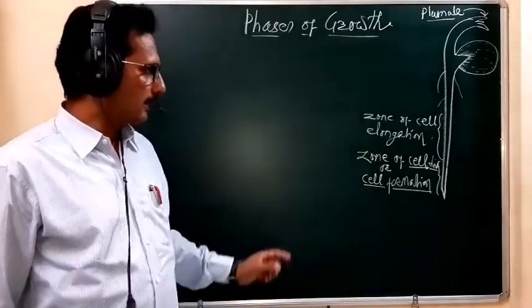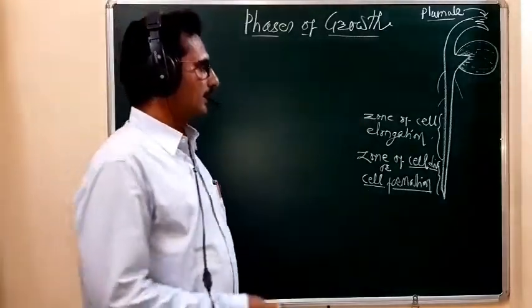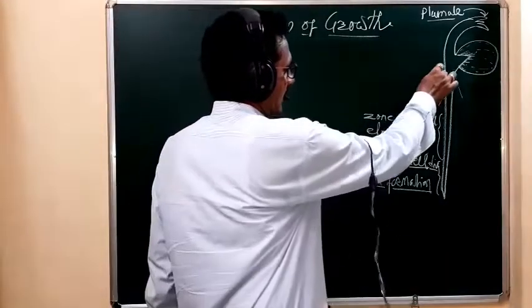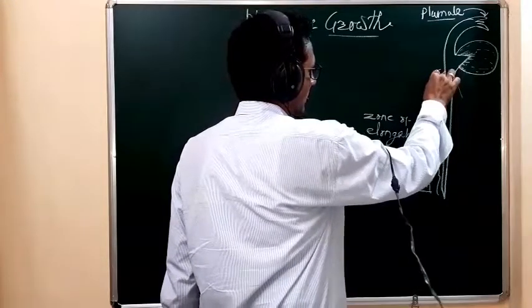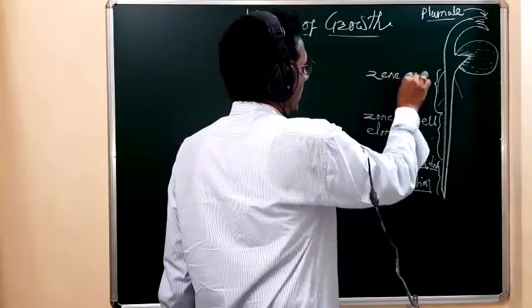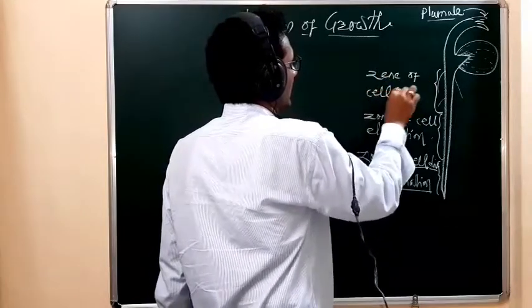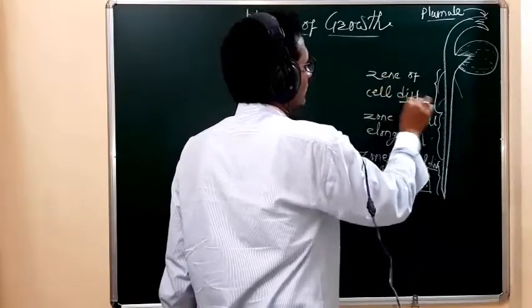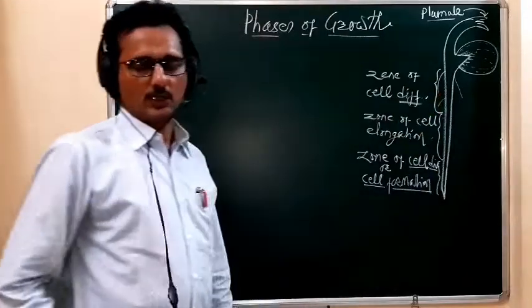Then next to that, there is another region. That region shows the zone of cell differentiation.